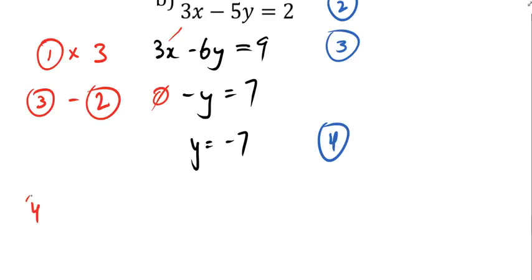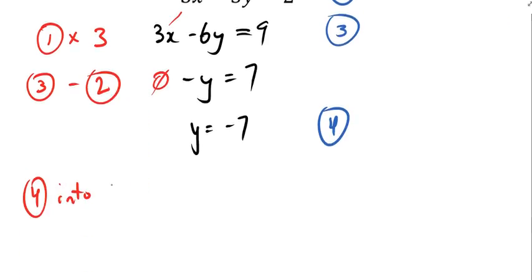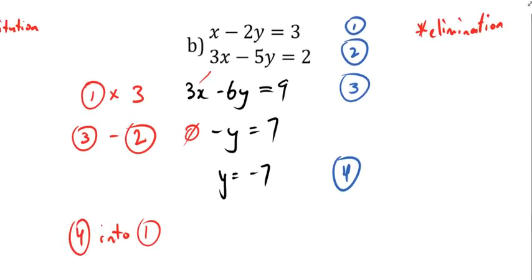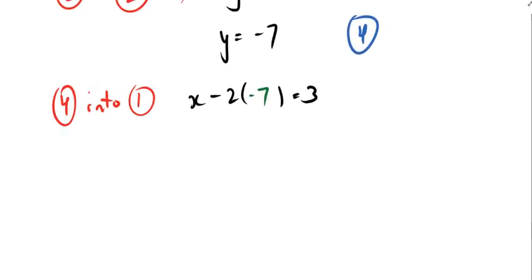We're not done yet. 4 into one of the original equations. I'm going to go into 1 this time. And that looks like x minus 2y equals 3. But what is y? It's negative 7. And then just solve.